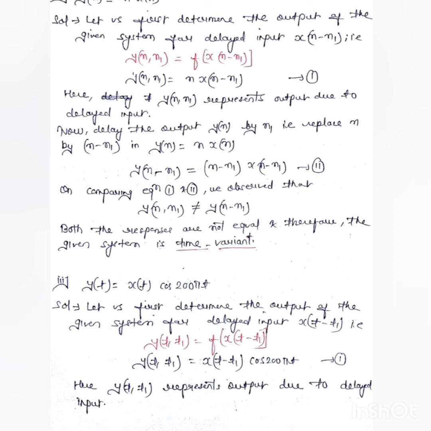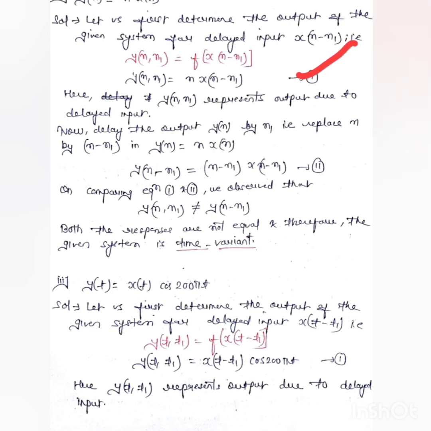So here we have n, so n minus n1, and here we have x of n, so we have x of n minus n1. We have this expression after delaying our output by n1.